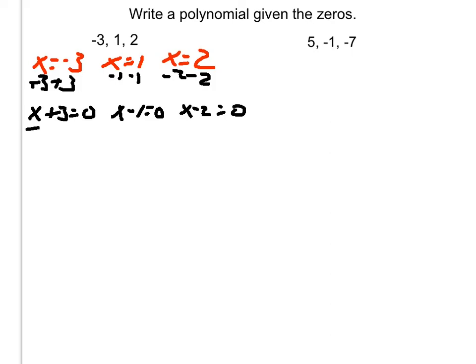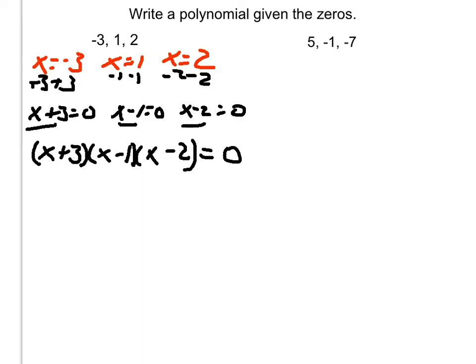Now we're just going to put these 3 parts into parentheses. So we have x plus 3 times x minus 1 times x minus 2. From here, we can FOIL all this out. We can go ahead and ignore this third part and just FOIL these first 2.